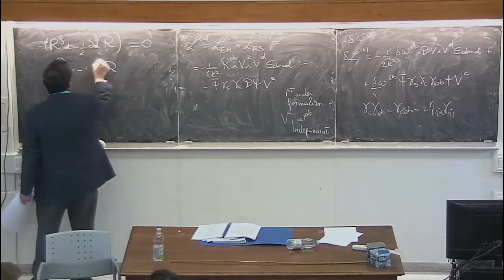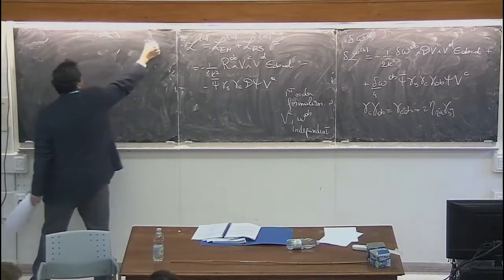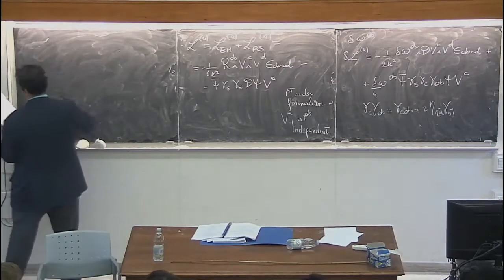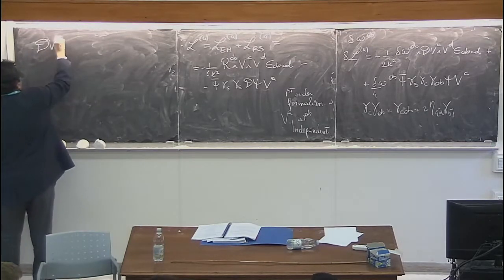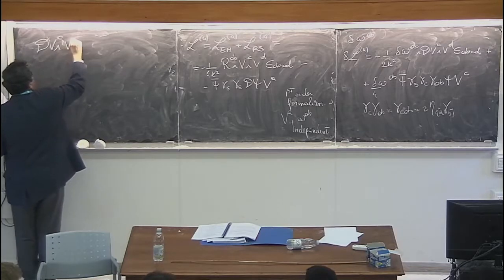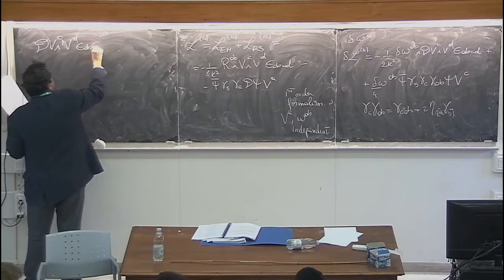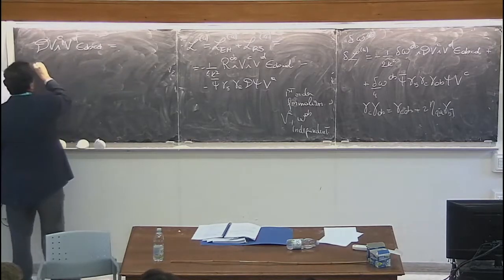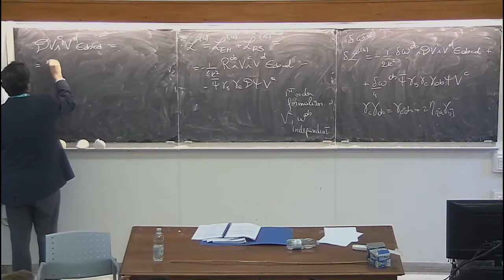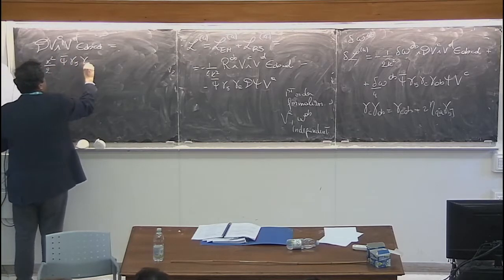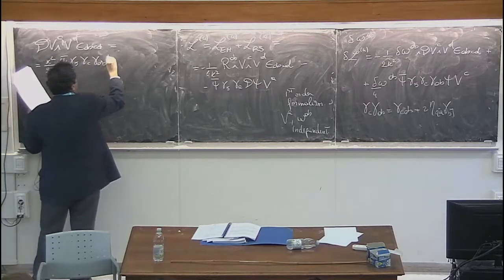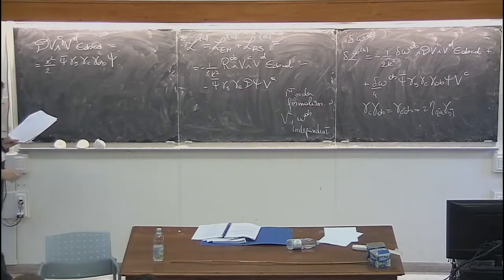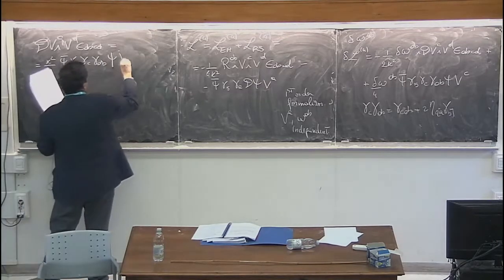So what do we get? We get an equation which has the following form: dV^C wedge V^D epsilon_ABCD equals k kappa squared divided by 2 psi bar gamma_5 gamma_C gamma_AB psi V^C.